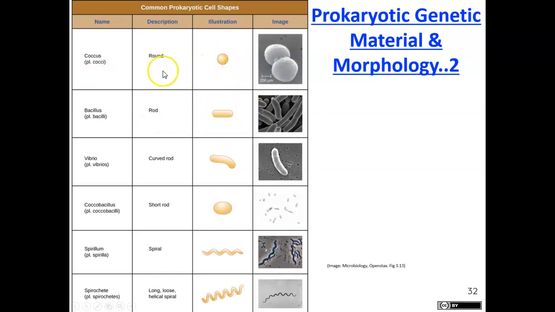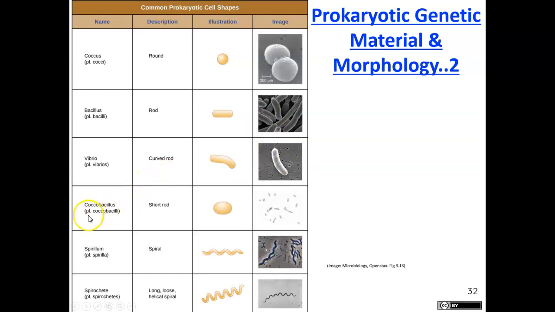So coccus is round and circular. Bacillus is rod-shaped and, well, rod. Vibrio is a rod that is curved. When you look under a microscope, it's very hard to distinguish between a rod and a vibrio. So you really don't see the differences here.